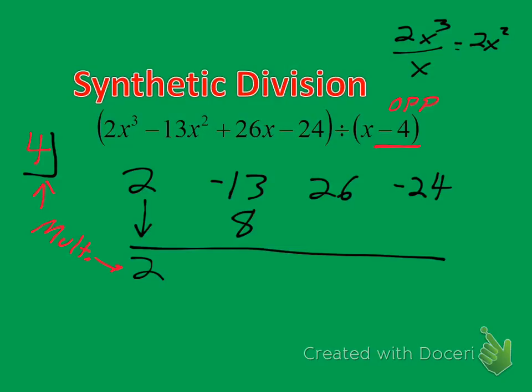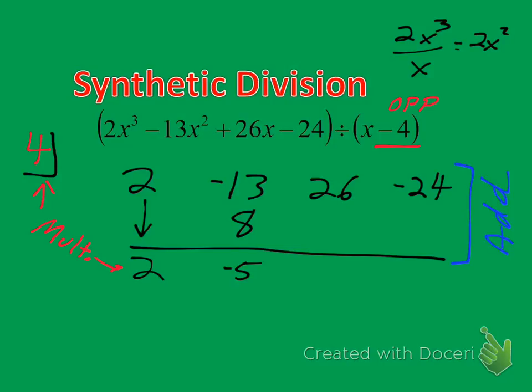Nope, it goes underneath negative 13, because the arrow took the place underneath 2, so you can't put 8 there. Now, here, we're going to ADD. So what's negative 13 plus 8? Negative 5.